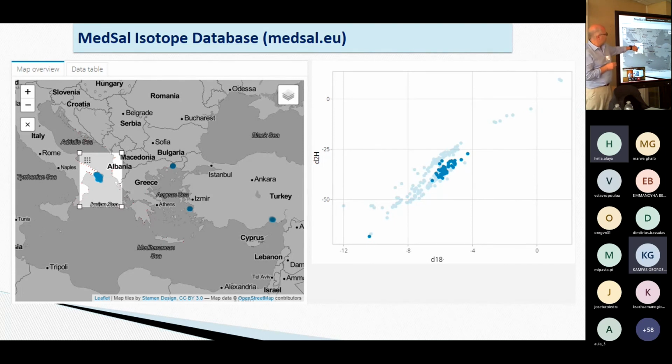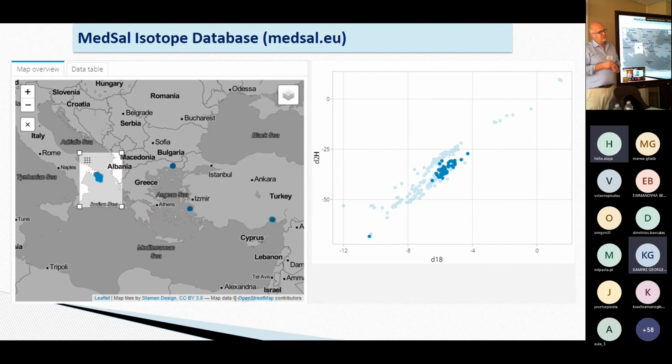By the way, these dashed areas are the ones in which salinization is known and has been documented in the International Hydrogeological Map produced by UNESCO IHP, the International Hydrological Program, and by the BGR, which is the Federal Agency of Geosciences in Germany. So we see that we have salinization here, and these are the samples that are plotted.